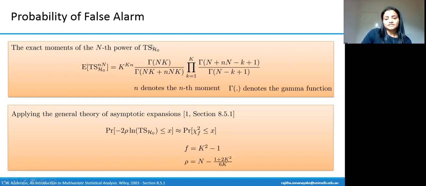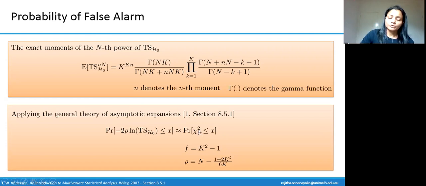Once we present it in this form, based on this general theory of asymptotic expansions, we can write the CDF of this random variable, which is the log of this test statistic times a constant, in terms of a summation of several chi-squared random variables.